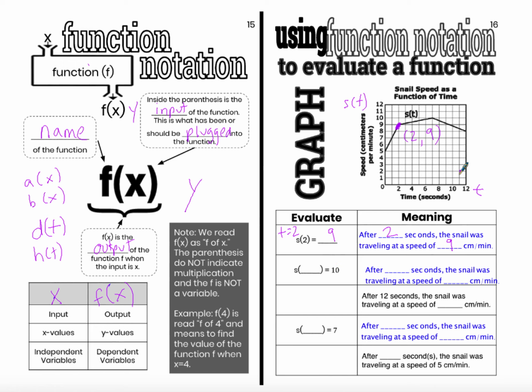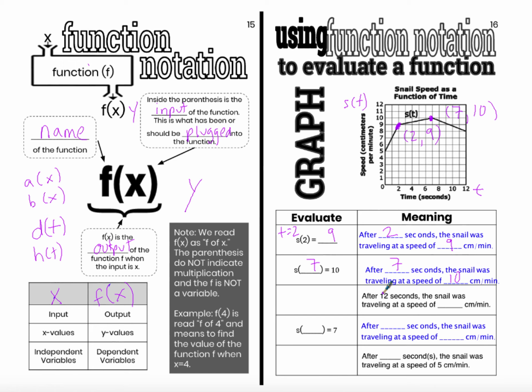Here we're given an output of 10, and we look to see what input gives me that output. Looks like a 7. So this statement right here, S of 7 equals 10, represents the ordered pair 7, 10. So input of 7, output of 10. This tells me that after 7 seconds, the snail was traveling at a speed of 10 centimeters per minute.